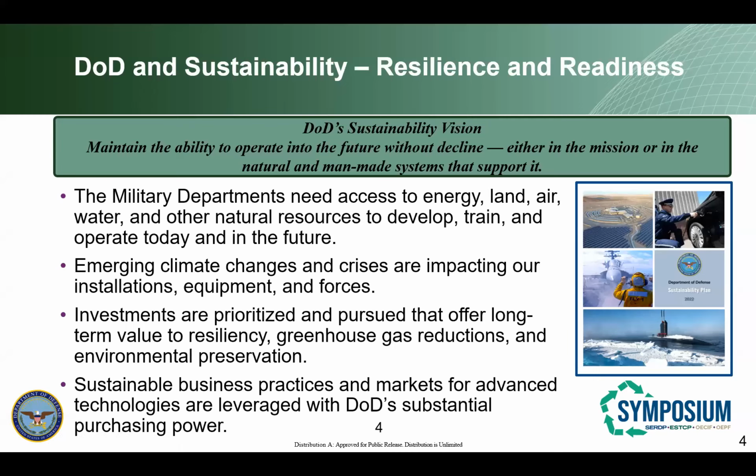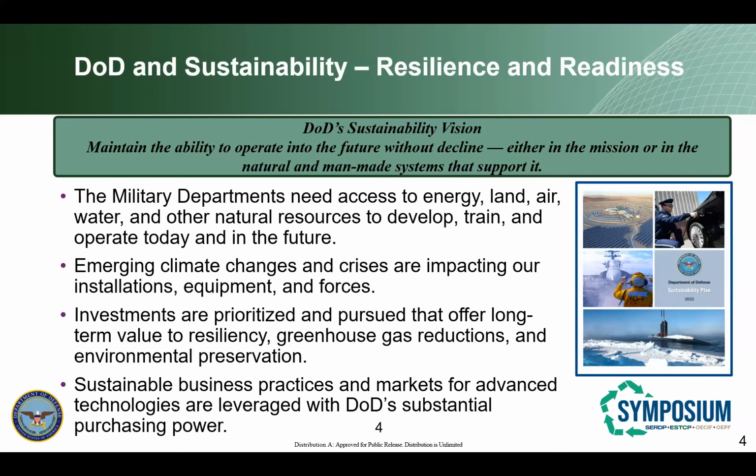Anyway, so why should we be concerned about this? Well, it's about resilience and readiness. We've talked about this a lot at this conference, right? At the plenary, resilience and readiness. Those are the primary effects of the mission. If you look at this vision we've had since early 2009, we need to maintain the ability to operate in the future without decline, either in the mission or in the natural and man-made systems that support it.